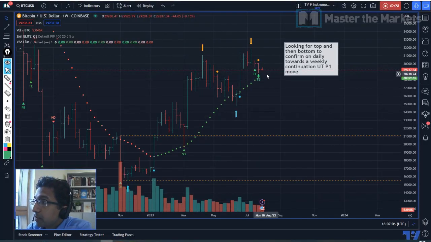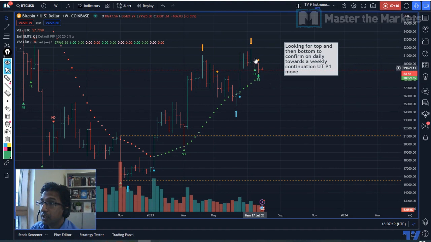On Bitcoin again, I'm waiting for the top to confirm, which we had in an uptrend, and then after that we're looking for a bottom to confirm, and then we can start to take. But the good thing, traders, is since the weekly uptrend phase 2 is confirmed, I can look for an earlier entry on a daily by looking at the daily bottom to confirm.